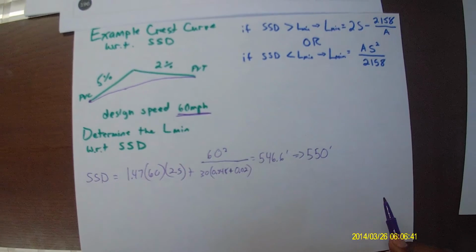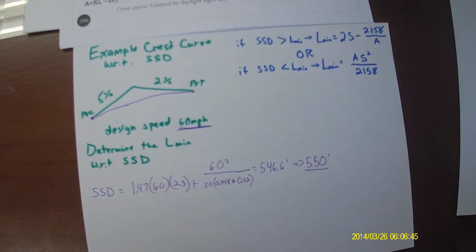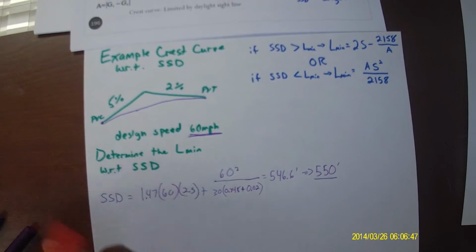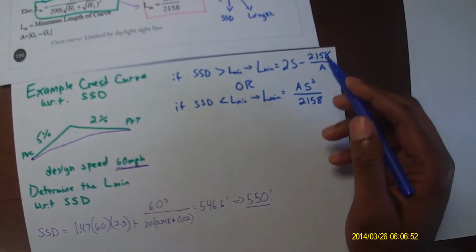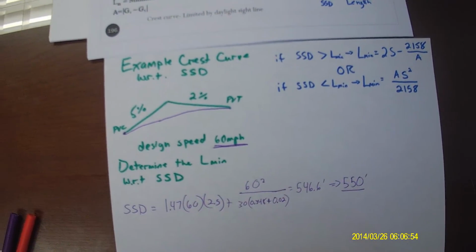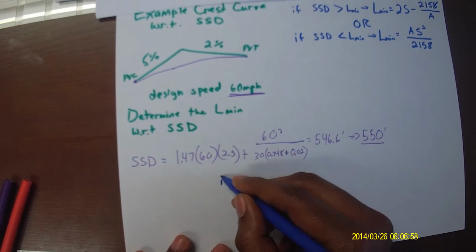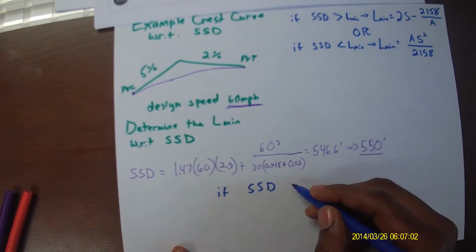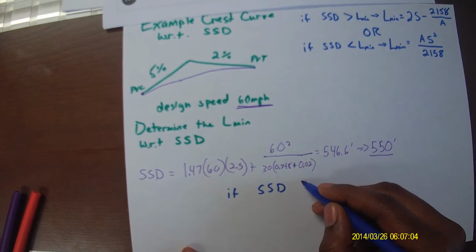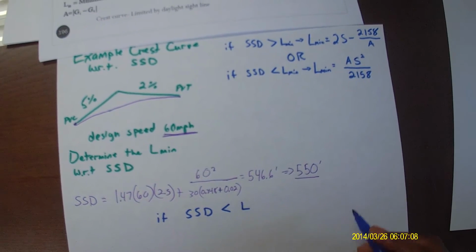All right, so we're going to use this one here. Placing this stopping sight distance in this equation, I want to see what I end up getting. Let's start off with if SSD is less than L. So we're starting off with this one down here.